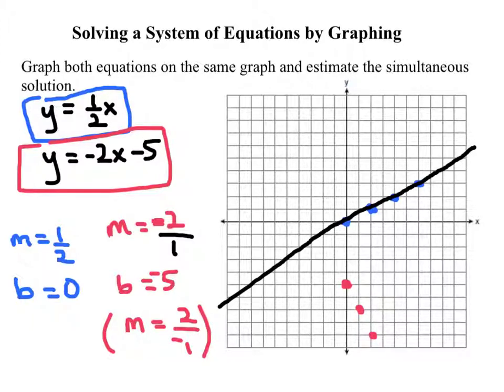So that could give me more indications if I want to continue my line a little bit more accurately. This would tell me to go up 2 from the point and left 1. So from the point I have here, if I go up 2 and left 1, I can get my next point on the line. And from that point, if I go up again, up 2 and left 1, I can see exactly where my line should be crossing.